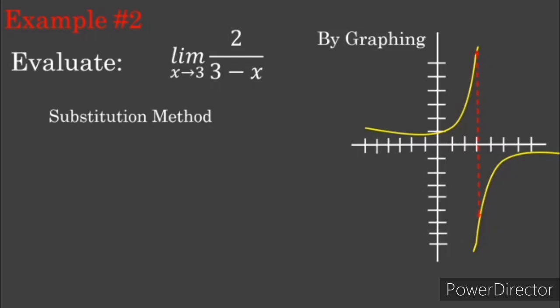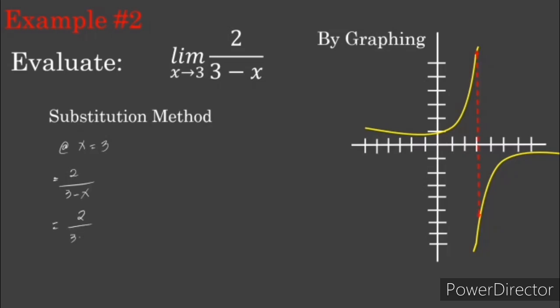Okay. So, para mas maintindihan nyo pa yan, let's put it in what we call substitution method. So, paano ba yung tinatawag nating substitution method? Since substitution method siya, papalitan lang natin yung value ni x kung ano yung value nung approaches natin. So, at x equal to 3, ilagay natin dito yung function natin which is 2 over 3 minus x. So, yung x natin ay 3.